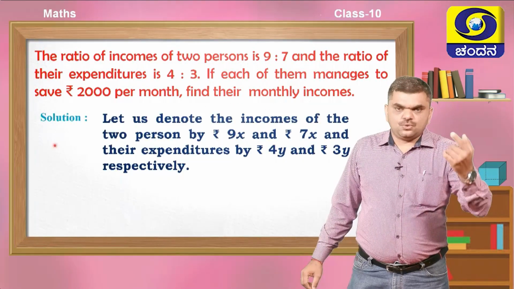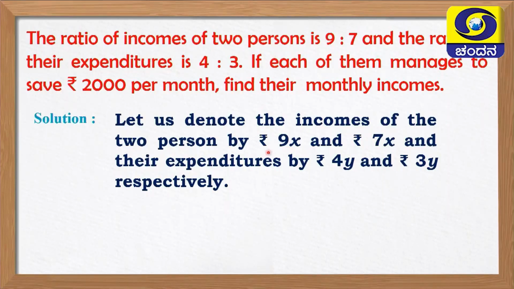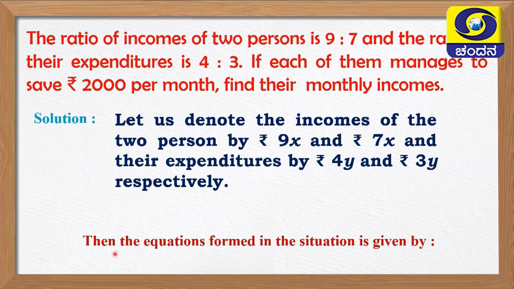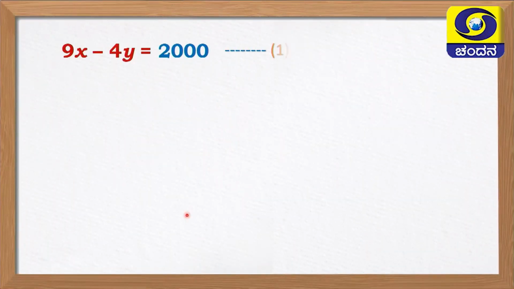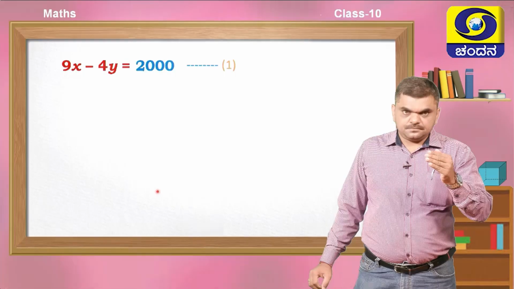Let us assume the income is x, so one person's income is 9x and another person's income is 7x, and just assume the expenditure is y. So, one person's expenditure is 4y, and another person's expenditure is 3y. If we subtract, that is 9x minus 4y is equal to 2000. Why?